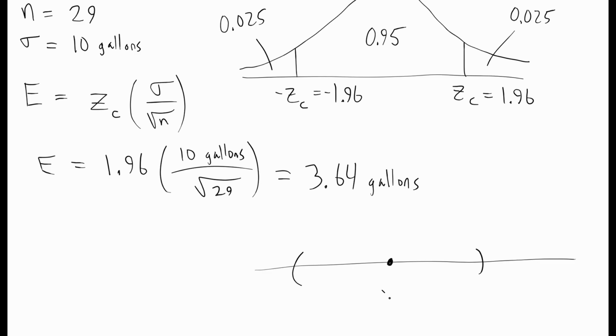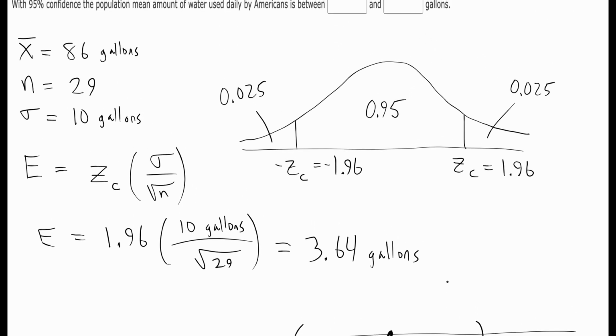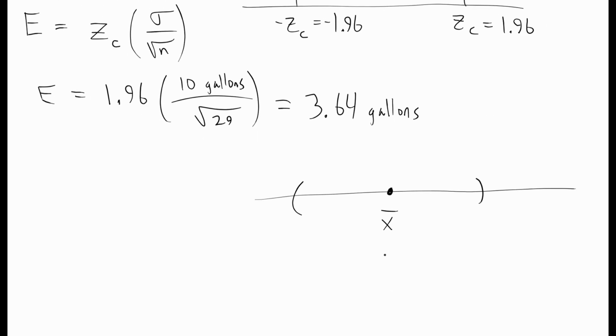We'll put the x bar in the middle. So the x bar was 86 gallons. That was our sample mean. We'll assume that our sample mean is the best estimate of the true population mean. But we'll acknowledge that we could be wrong.